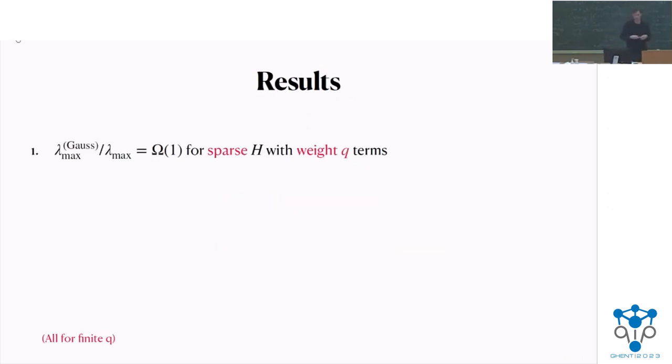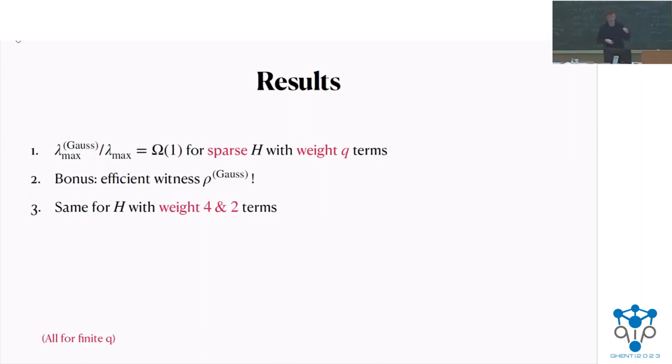Okay, so our results are as follows. First of all, we prove that the approximation ratio is finite for sparse Hamiltonians with all terms being weight q. The witness, the Gaussian state that actually reaches this finite approximation ratio, can be efficiently constructed.